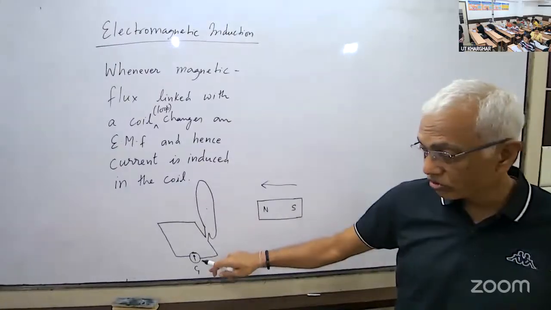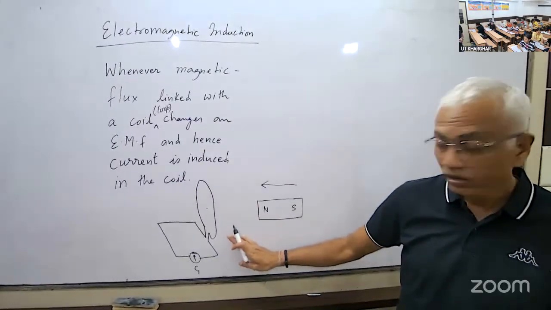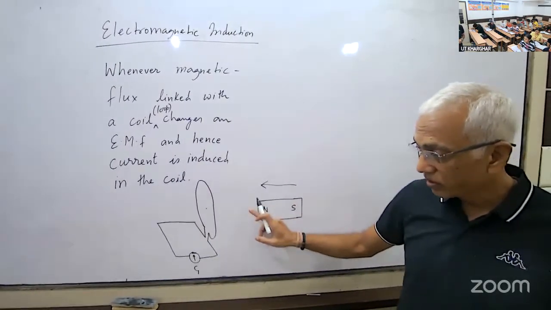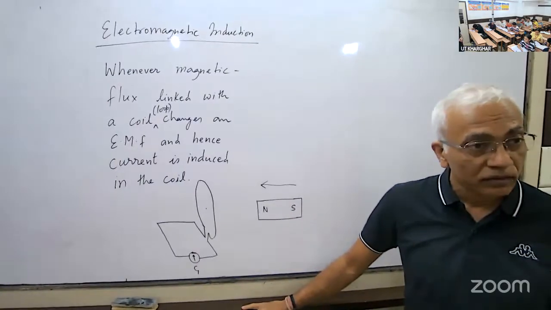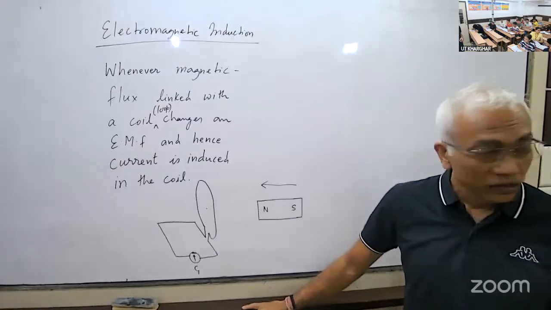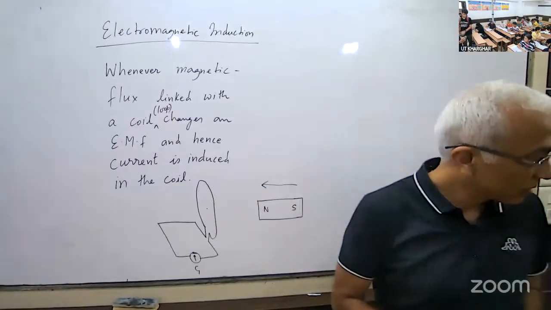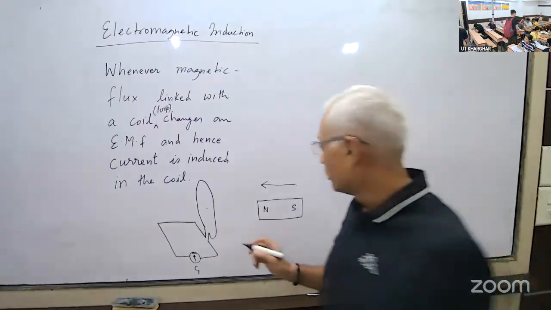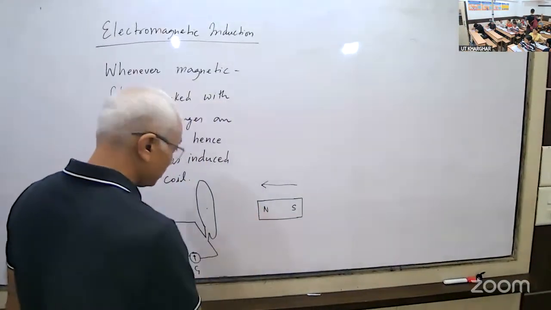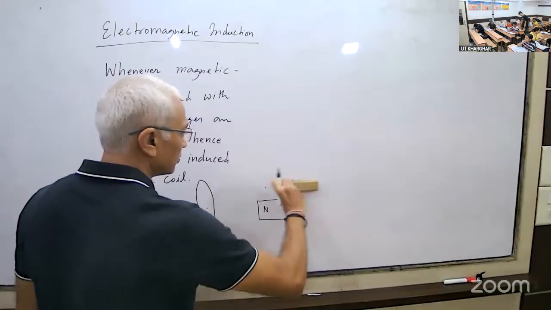So there is no source of electric current right now. But the movement of the magnet shows deflection. So what is happening due to movement of the magnet? The magnet has nothing but magnetic field.